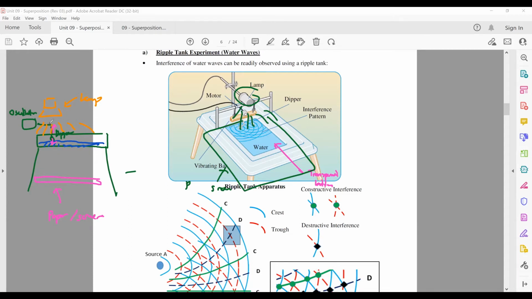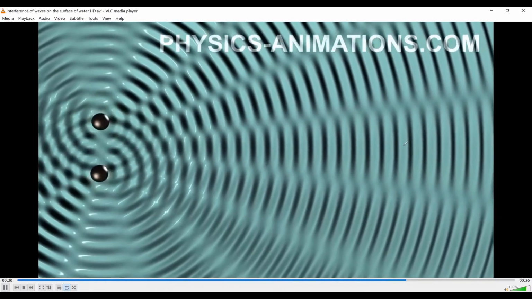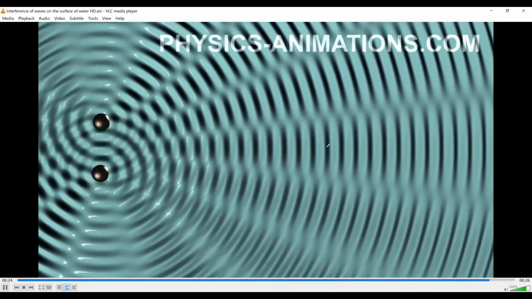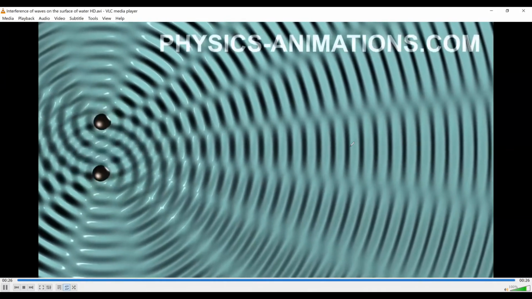So the lamp will actually cast a shadow of the water waves onto the screen or paper below. That is what you see as this one here. Notice that the little black thingy here is actually the shadow that is being cast onto the screen, onto the paper.